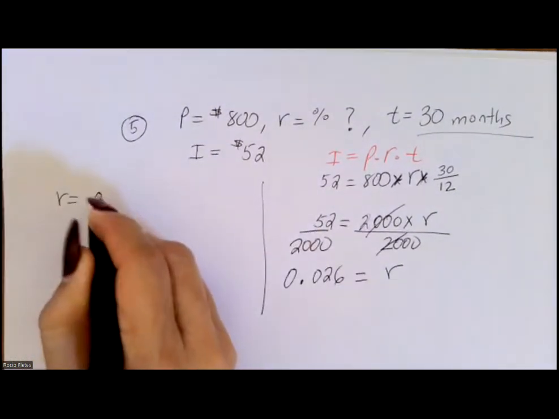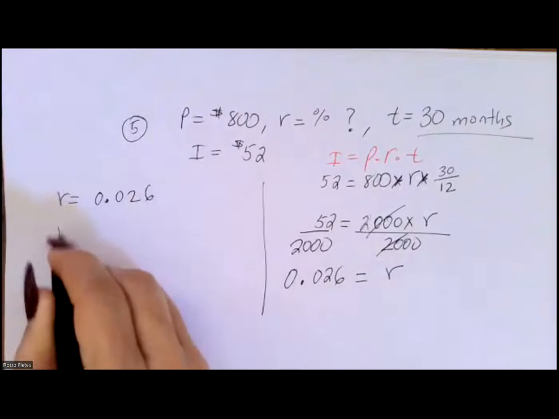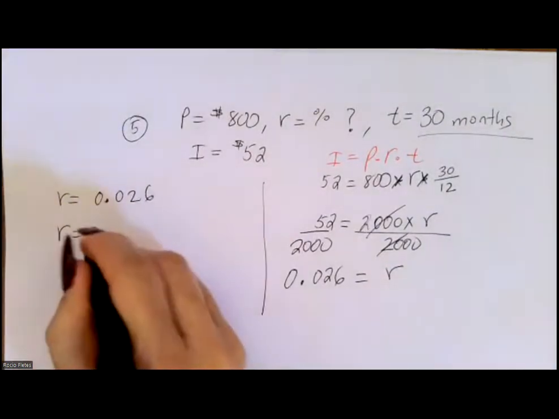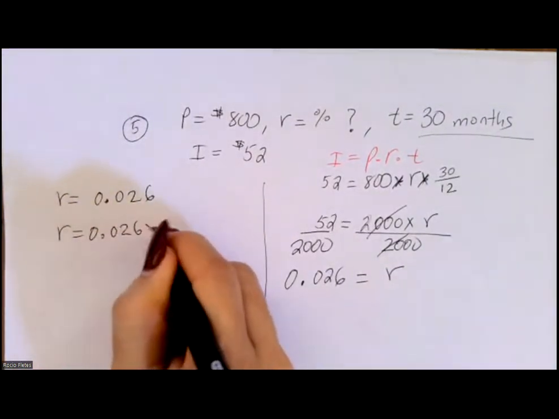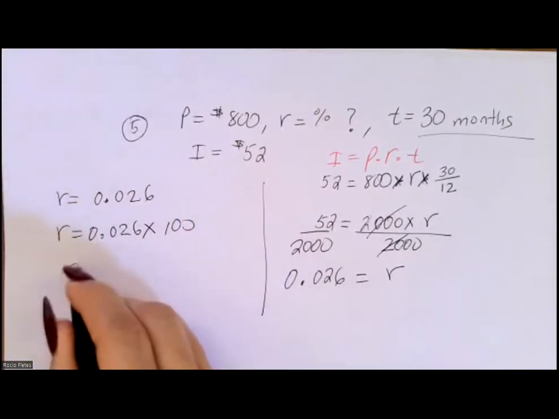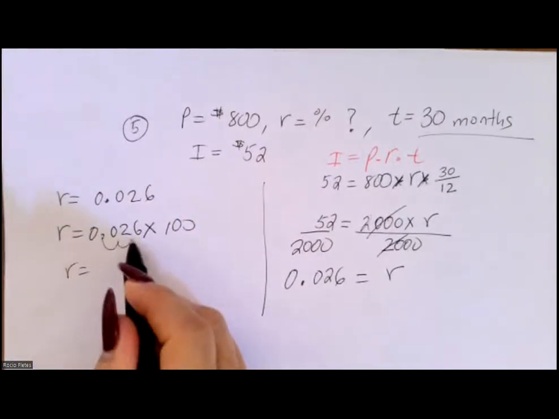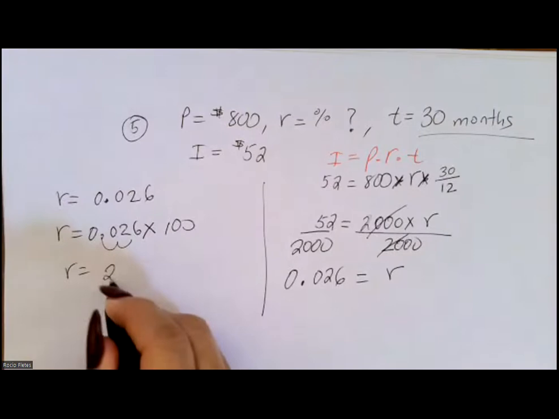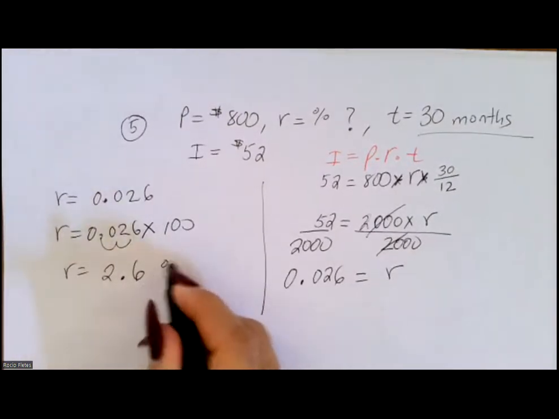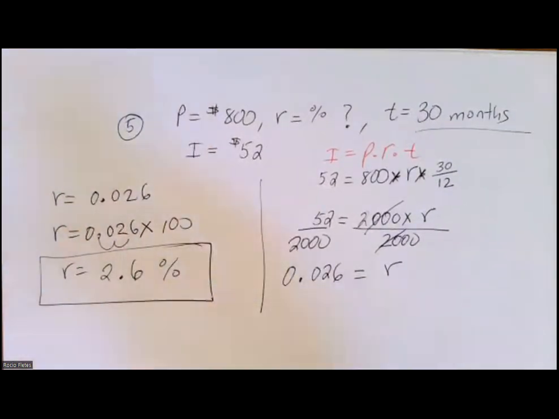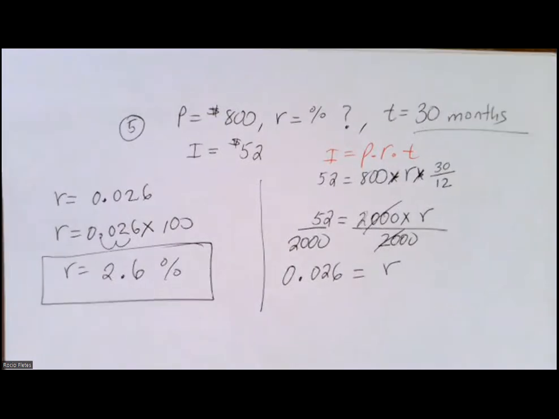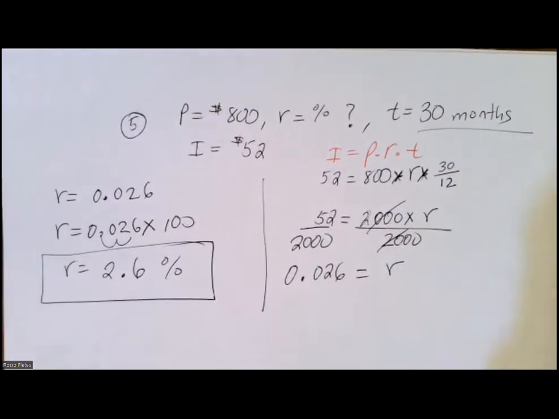So if R is 0.026, I must convert to percent form. I'm going to multiply by 100, which moves the decimal point two places to the right, and this becomes 2.6%, right? Which is what I needed to find. 2.6% is the simple interest rate that we were looking for.